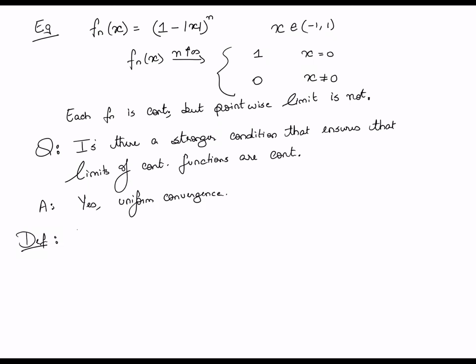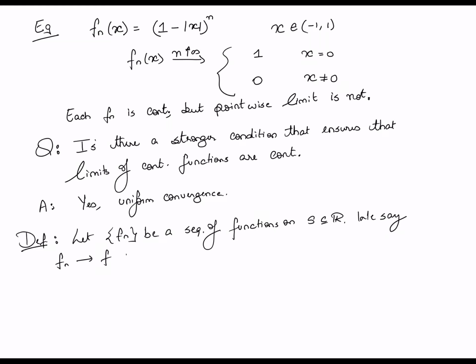So once again, let Fn be a sequence of functions on S, which is a subset of R. So we say that Fn tends to F uniformly, as opposed to pointwise before, on S if the following condition is satisfied.